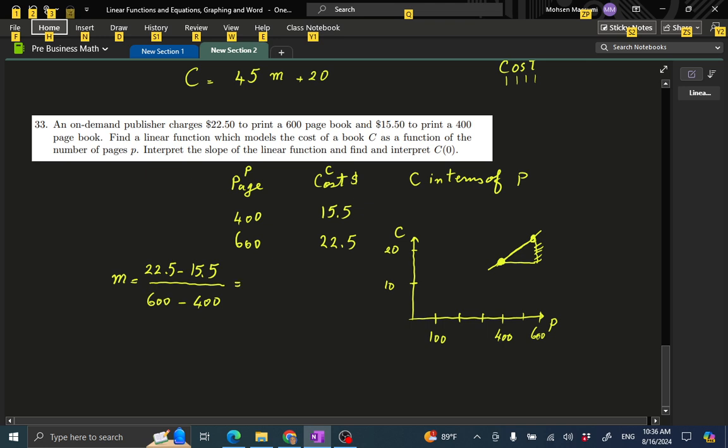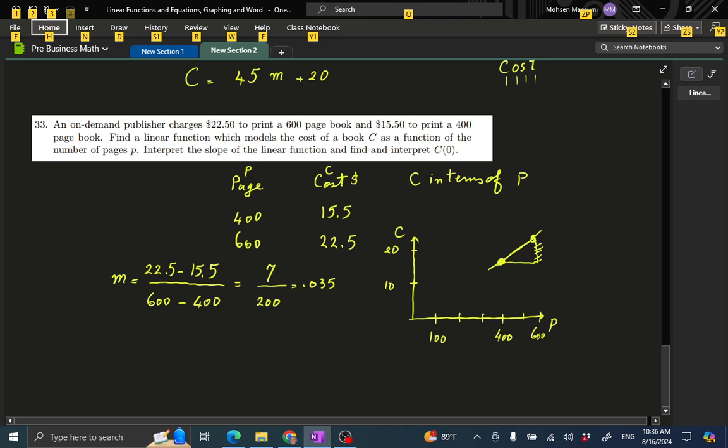So that would be $7 extra for 200 pages. Or if you want to divide it, you can get 3.5 divided by 100. Let's write just 7 over 200. Perhaps it's a little bit easier to see what's happening.